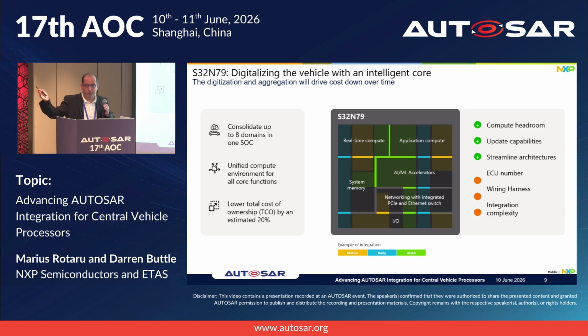All of us here talk about AI, so it addresses edge AI use cases. It provides advanced networking capabilities with integrated PCI and Ethernet switch, suitable for vehicle computers. And of course, it allows deploying low power applications to address the electric vehicle requirements.